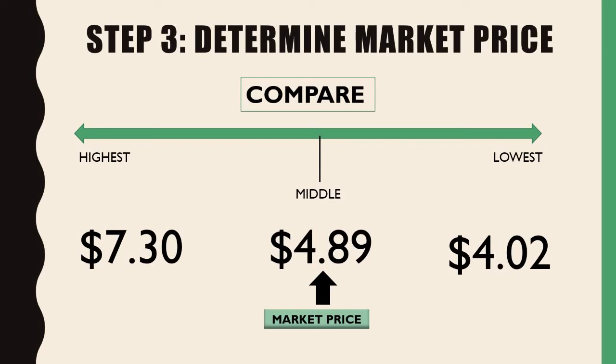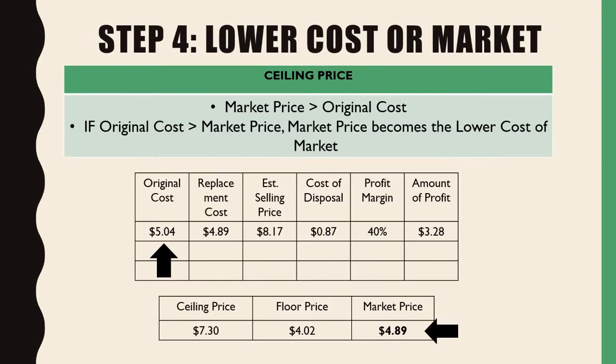So we determined that my market price is $4.89. The last question is, which one is lower, your original cost or your market price? Market price is lower, right? That's exactly what it is. It's lower of cost or market.